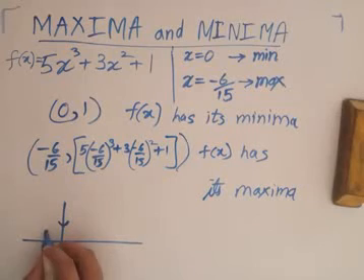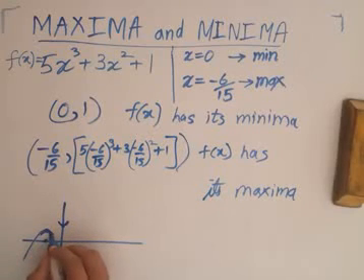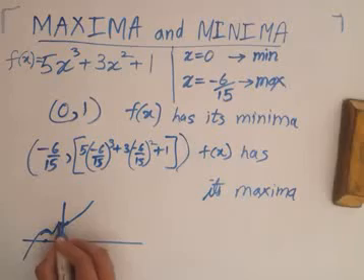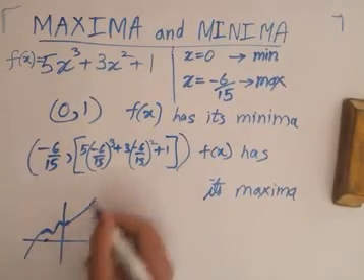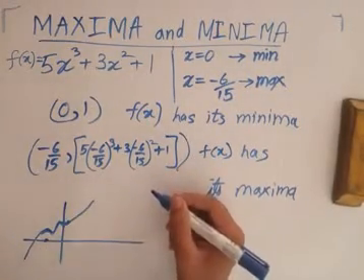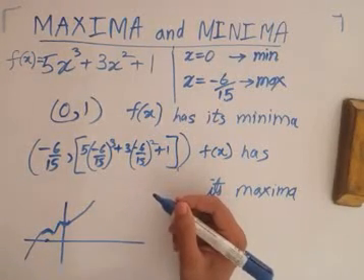So somewhere around here it has its maxima. So probably something like this. Okay, so of course I have not drawn the graph accurately because I don't know the values of these, but you can do that. And this is all for today.